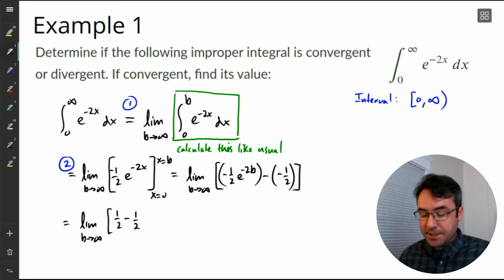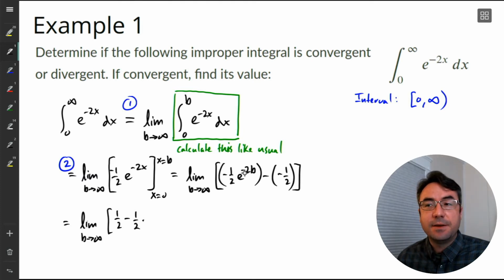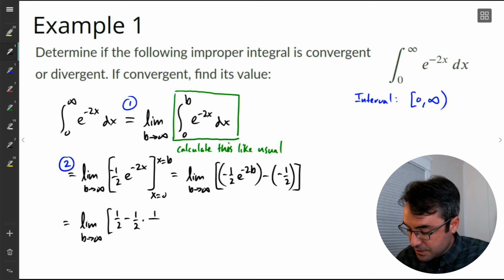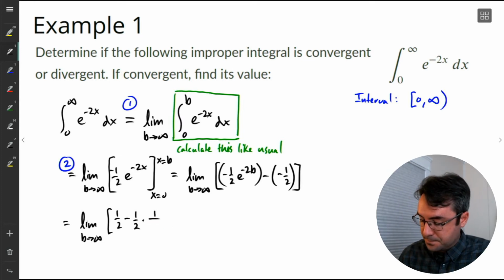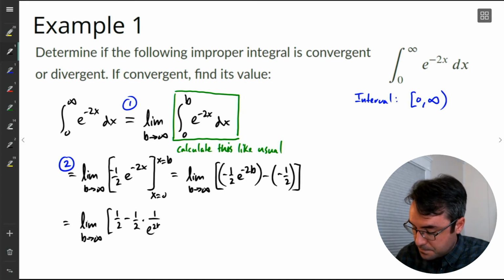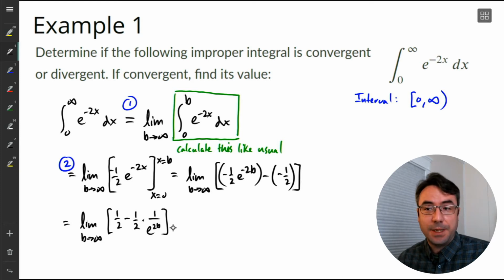And for the purposes of actually calculating this limit, I like to convert any terms with negative exponents to a fraction. Just rewrite it as a fraction. So instead of e to the negative 2b, that negative exponent means it's just the reciprocal: 1 over e to the 2b.